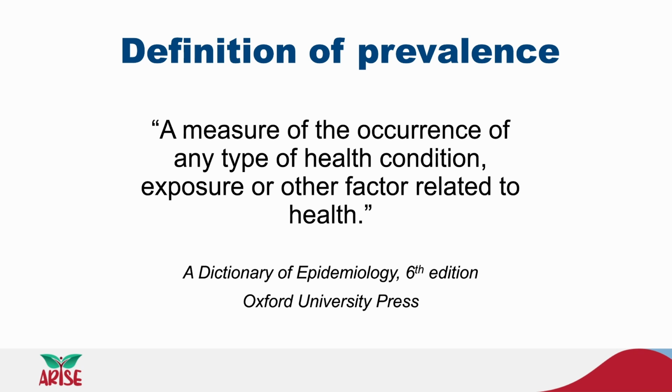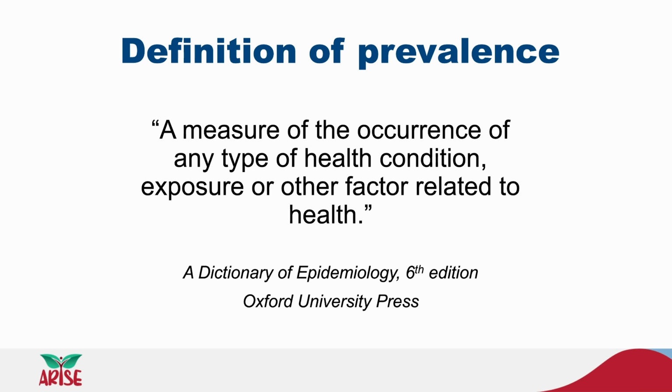So, first, a definition. Prevalence is a measure of occurrence. It is a measure of how many people in a population have a certain health condition, exposure, or other factor related to health at a given point in time.